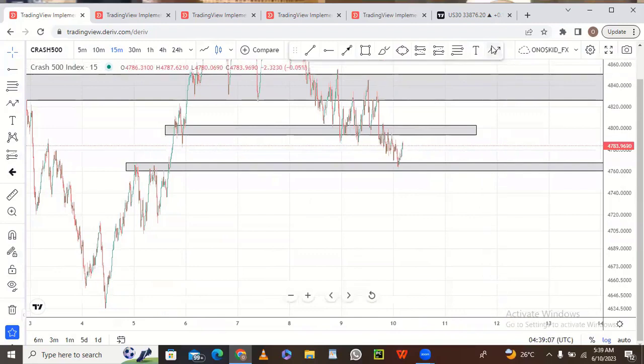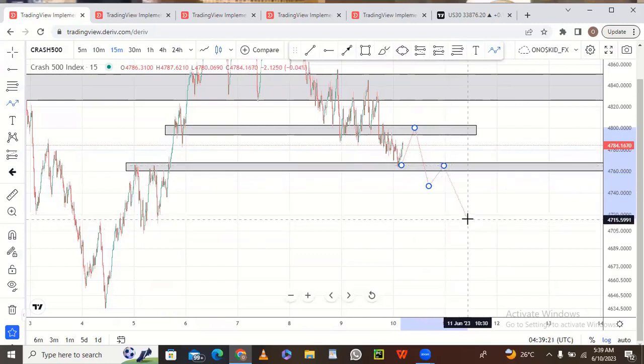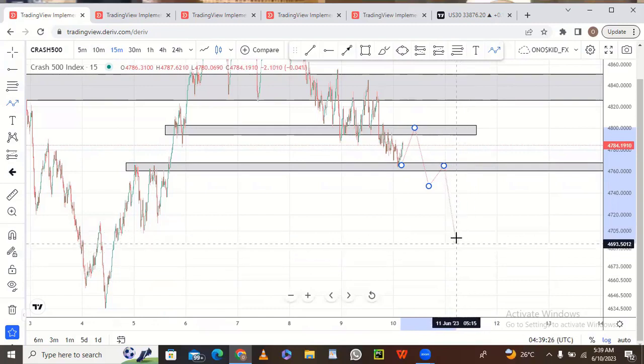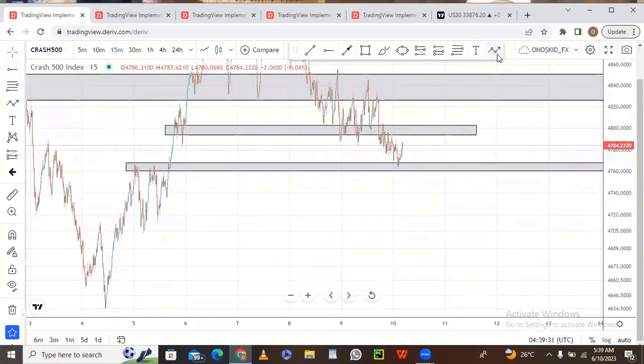When you refine it, you can be very patient: instead of taking this entry, you can wait for this point to be broken, and then you take an entry, which is very, very conservative. And you can target any of this region as your TP. So you can see how I'm able to mark out my zone starting from the higher time frame to know where I want to make an entry from.